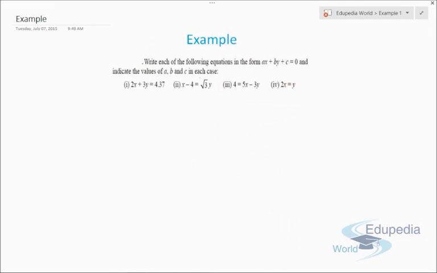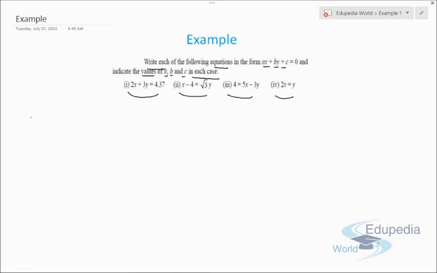Now, the first example says we have to write each of the following equations in the form ax plus by plus c equals 0, and we have to indicate the values of a, b, c in each case. Means we have to first represent each equation 1, 2, 3, 4 in the form ax plus by plus c, and then indicate the values of a, b and c.